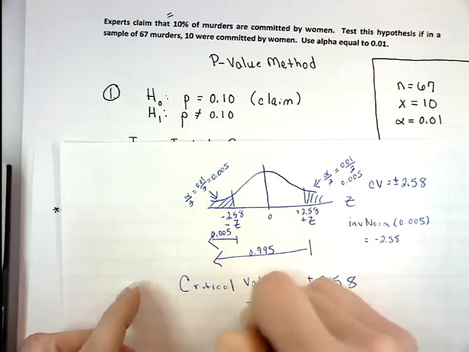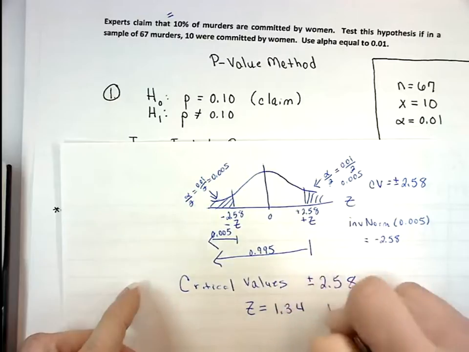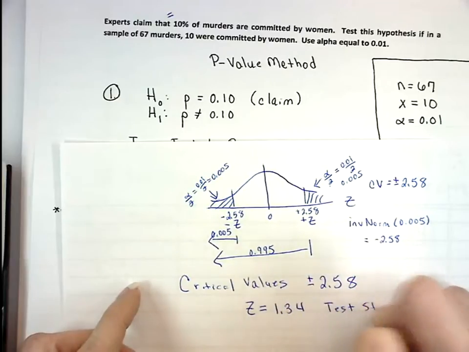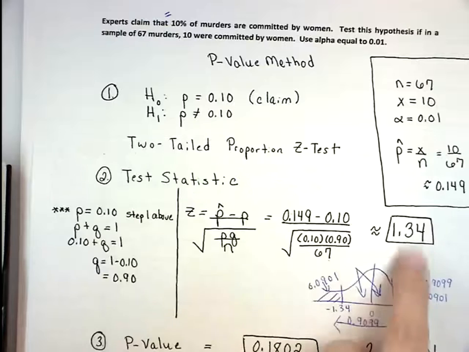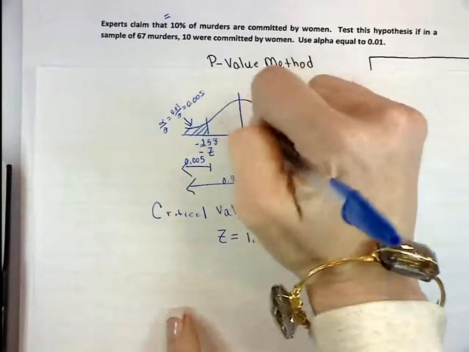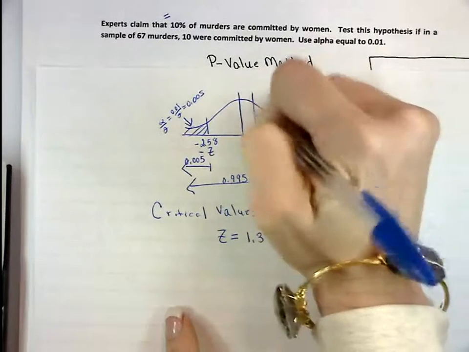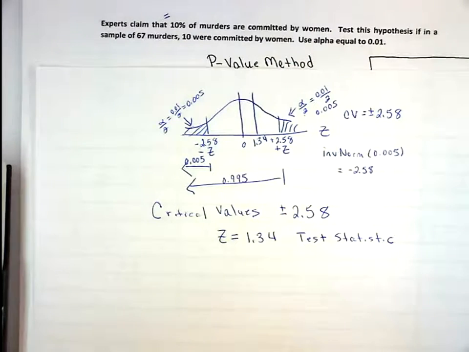Remember, your test statistic for this problem was 1.34, and therefore you would put your test statistic in the picture. It was 1.34, and it would fall here on the axis, which is less than the 2.58. It's in the non-critical, non-rejection region.